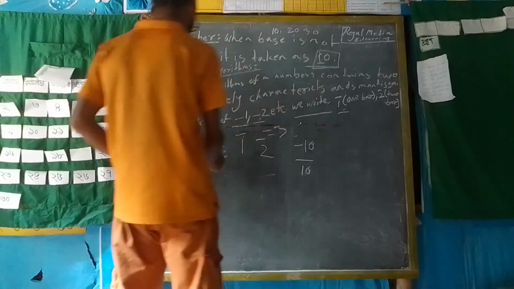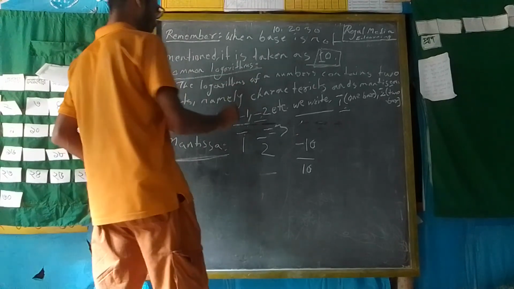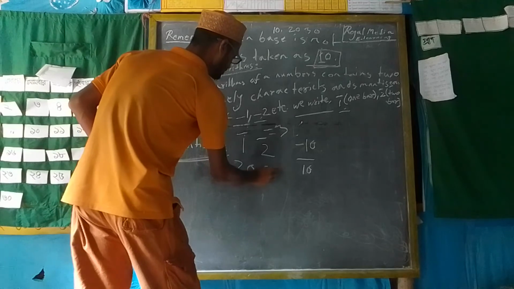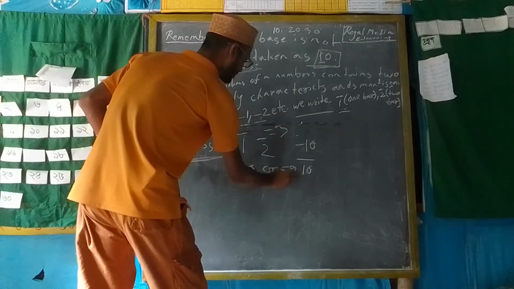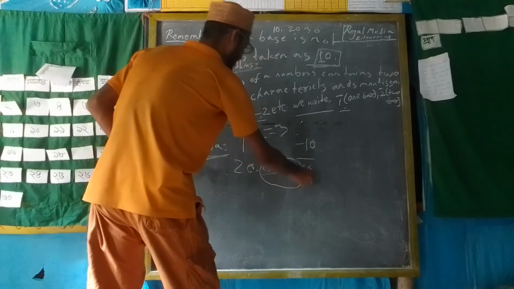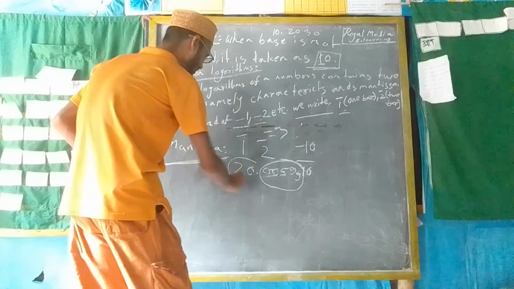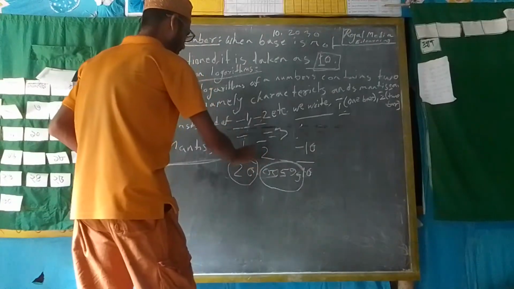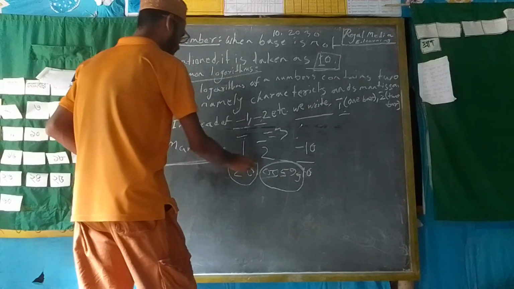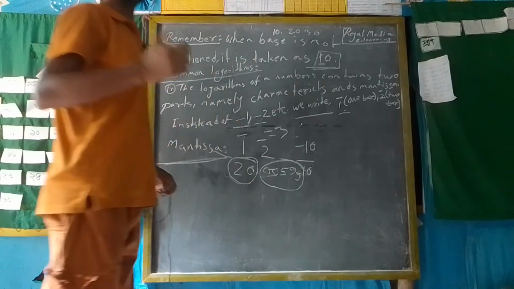Then what is mantissa? Mantissa is the decimal part of a logarithm, like 20.00595. So our mantissa will be the decimal part and characteristics will be the integral part. Fraction is mantissa and non-fraction is characteristics. That's all.